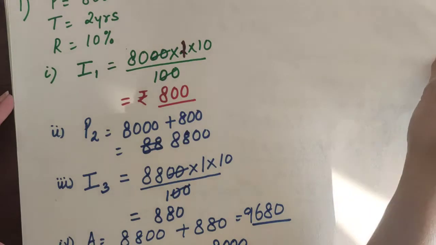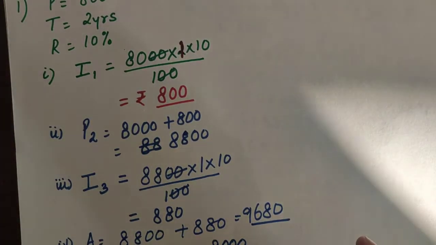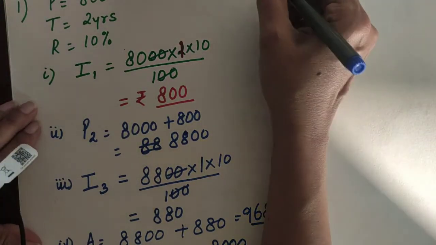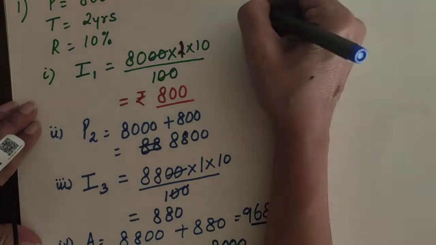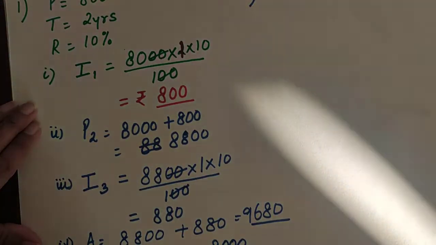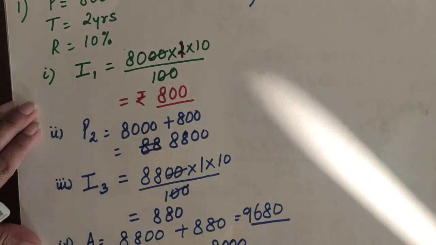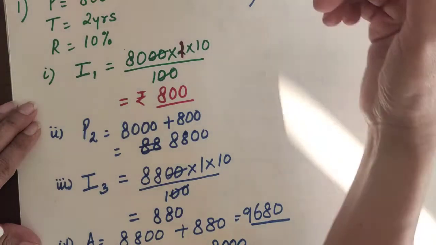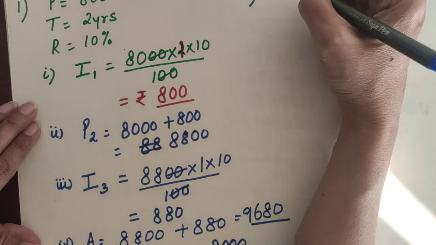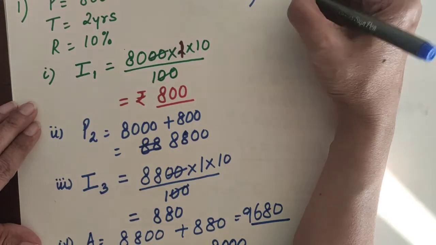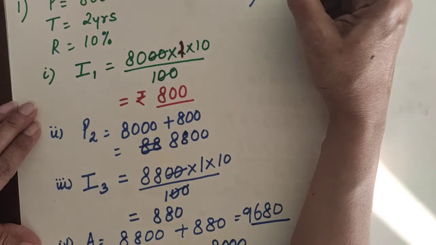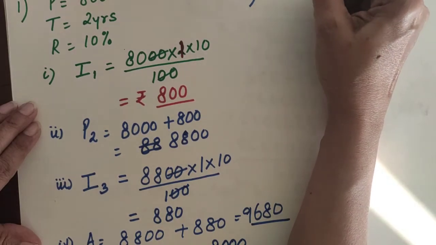Now the next question is question number 2. A man borrowed rupees 20,000 for 2 years at 8% per year compound interest. So the principal here is rupees 20,000.